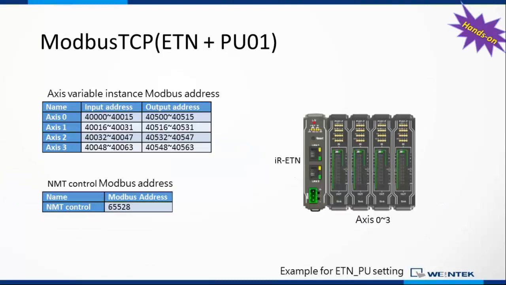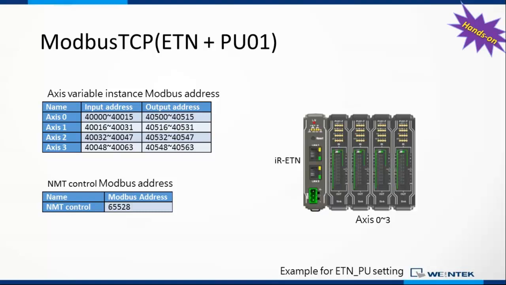How to configure ETN plus PU? The ETN plus PU is different from EtherCAT and CANopen in configuration, because ModbusTCP doesn't have an ESI or EDS file. We have to do the configuration ourselves.